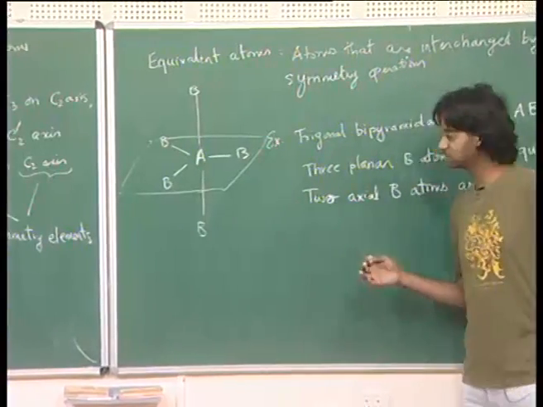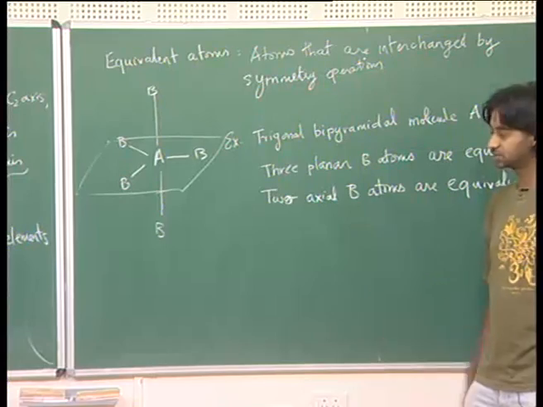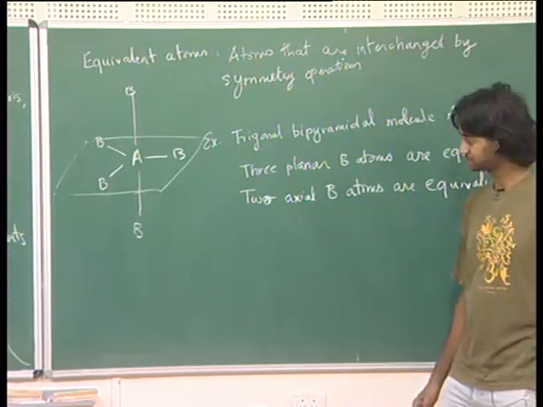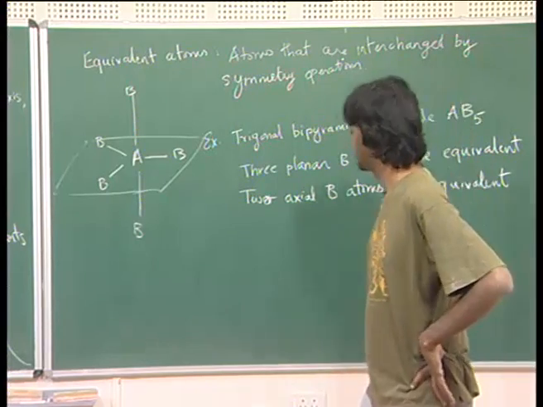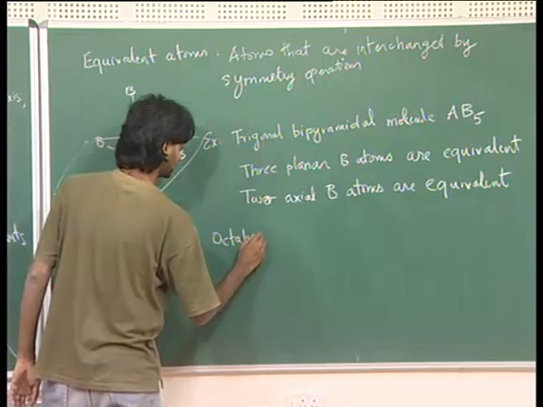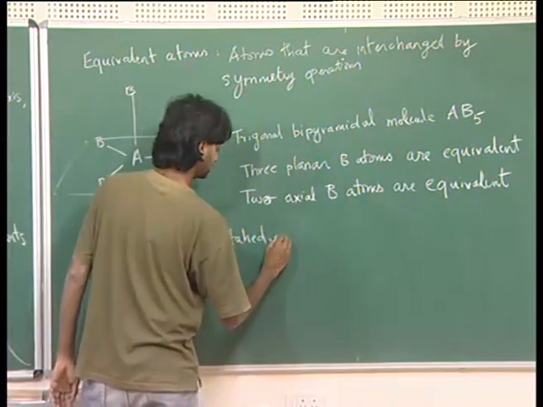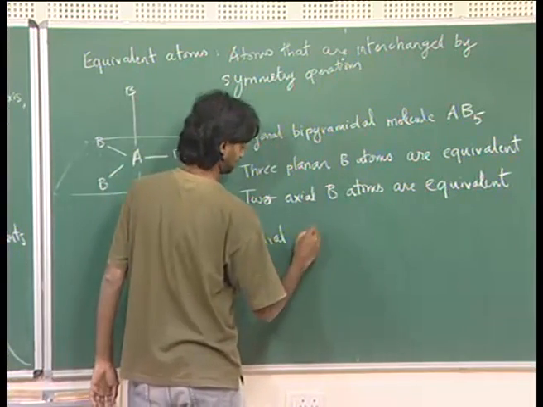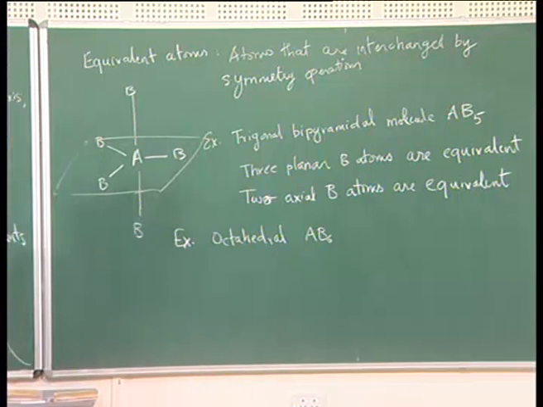For simple molecules, this is not a very difficult task. For more complicated molecules, this is slightly more tricky. For example, let us consider an octahedral AB6 molecule.